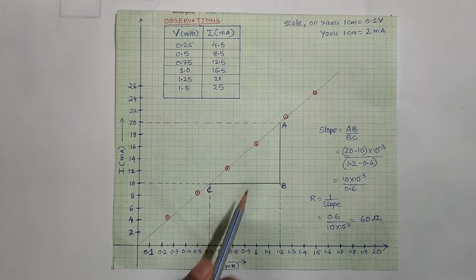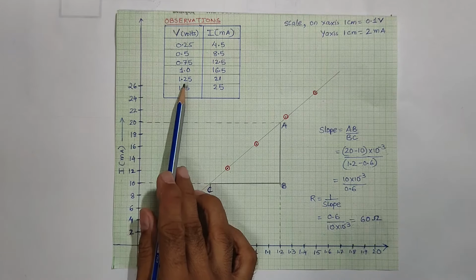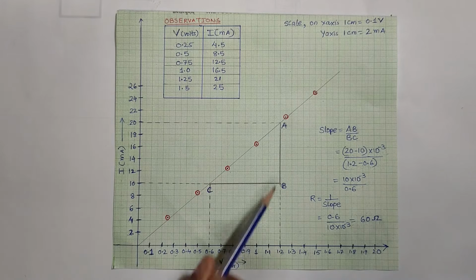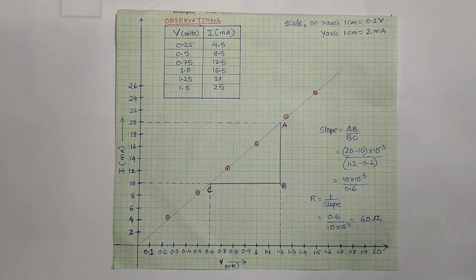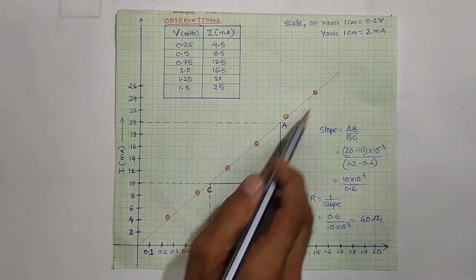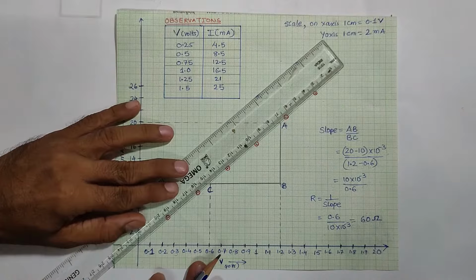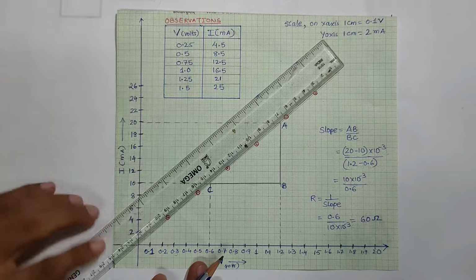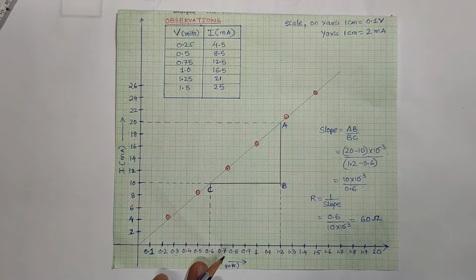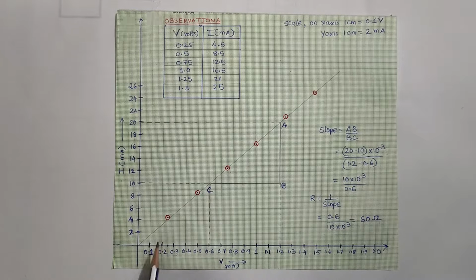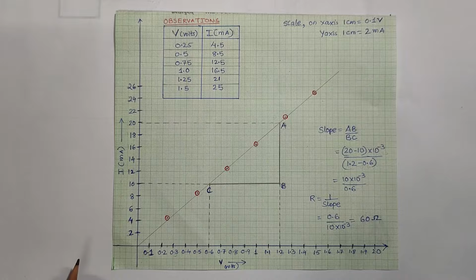Similarly, for 0.75, 1, 1.25 and 1.5, we will have the corresponding readings. Now, draw a straight line using a scale which passes through the origin. After drawing the straight line, we will calculate the slope of the graph.